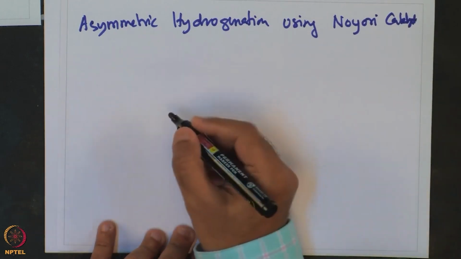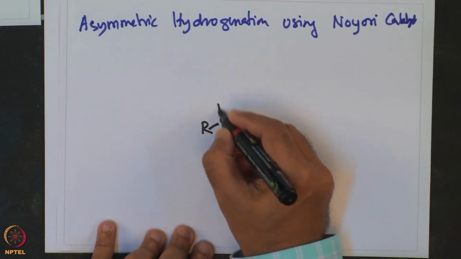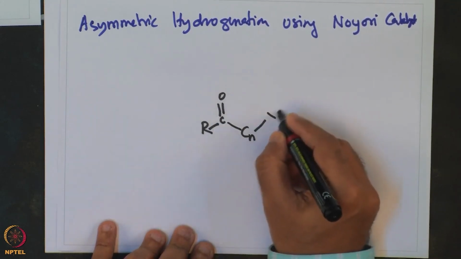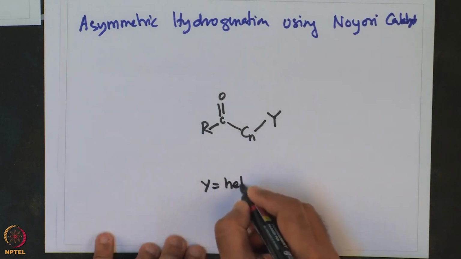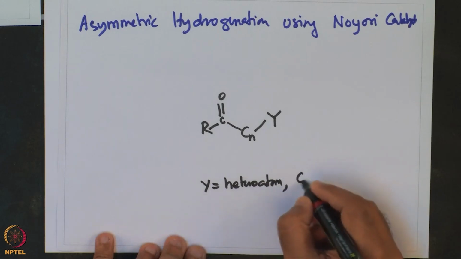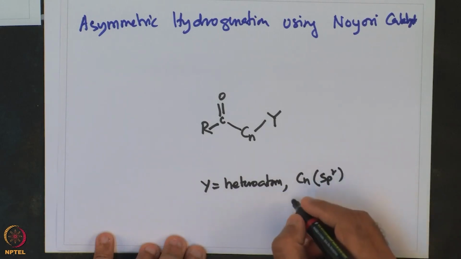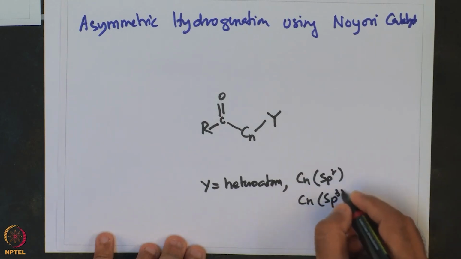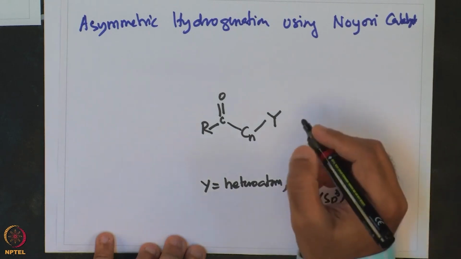This is illustrated as R, C O, C N Y, where Y equals a heteroatom. C N can be sp2 or sp3 carbon centers, and N can be 1, 2, 3.